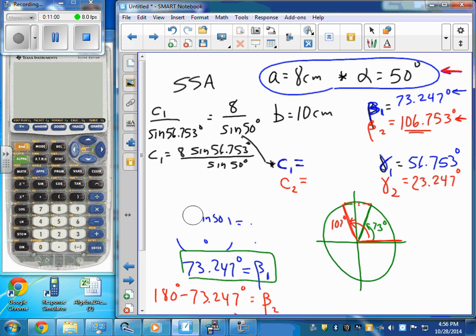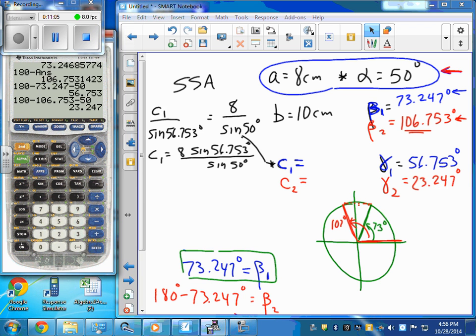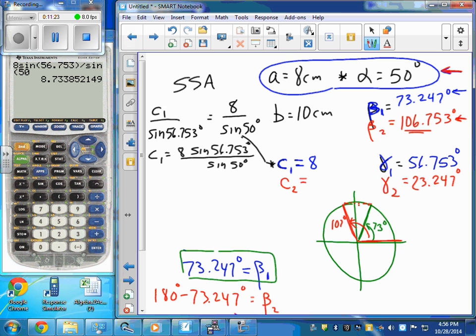And getting on my calculator, 8 times the sine of 56.753 divided by the sine of 50 degrees. And I get for C1, 8.734. And because this is a length, I'll use the same units I have for A and B, centimeters.